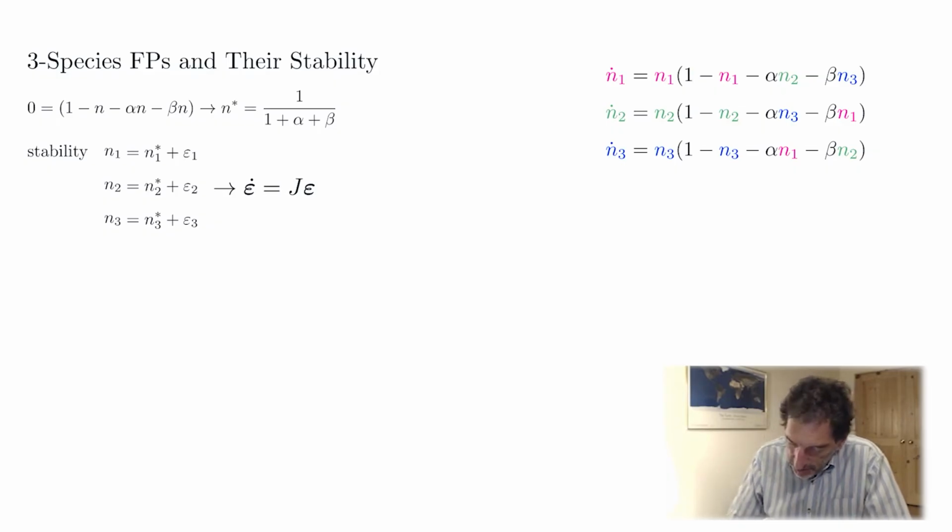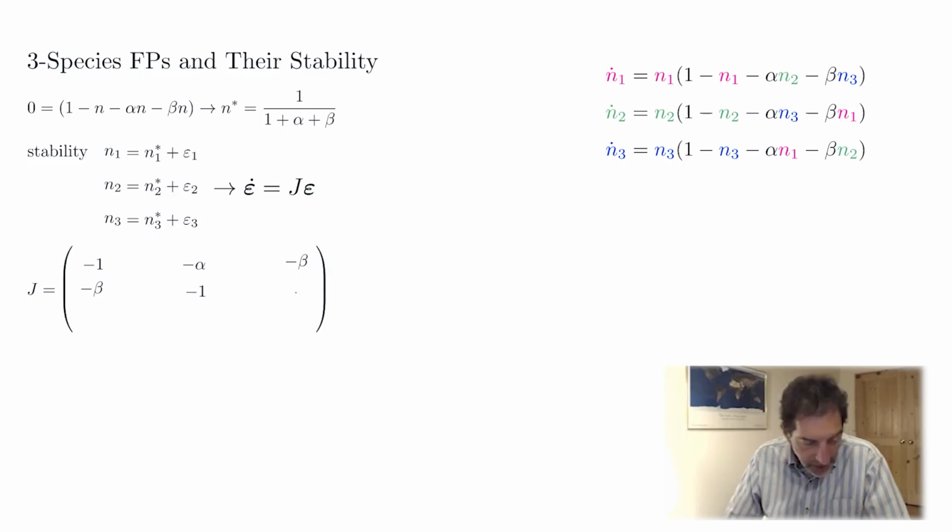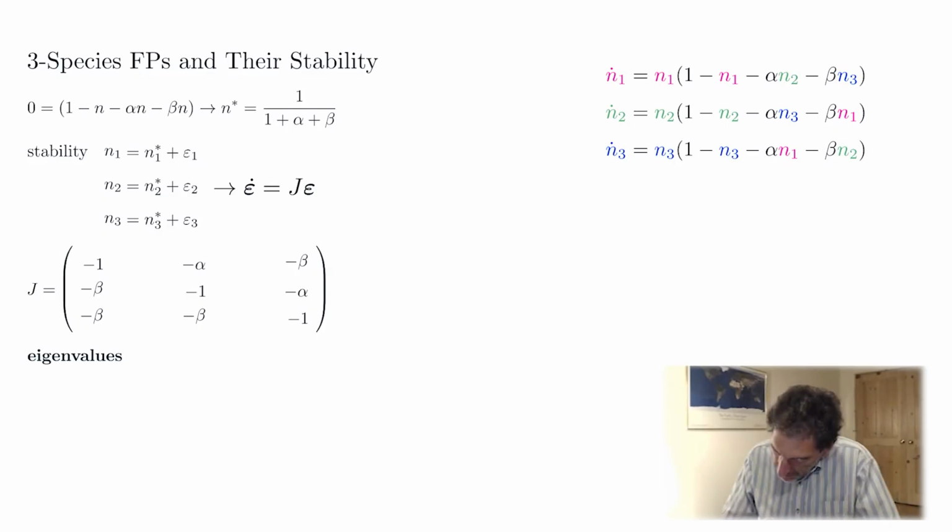Here, the Jacobian matrix is much simpler in form because we have a symmetrical situation, and it's minus the matrix with rows: 1, alpha, beta; beta, 1, alpha; alpha, beta, 1. And the eigenvalues of this matrix are equal to the following.